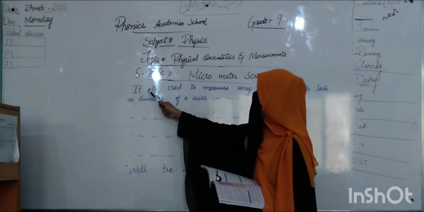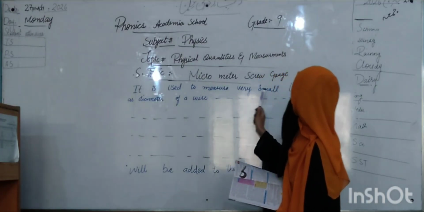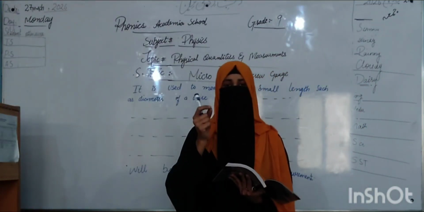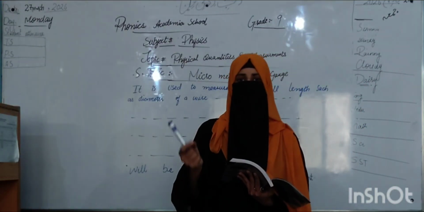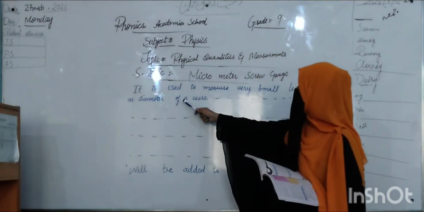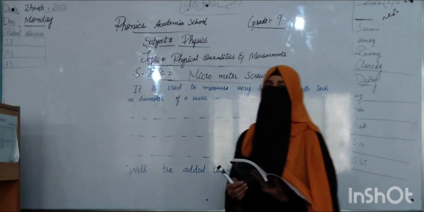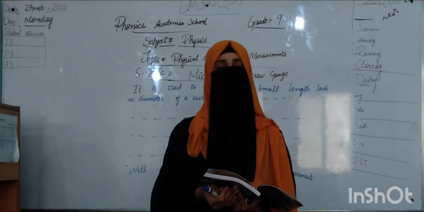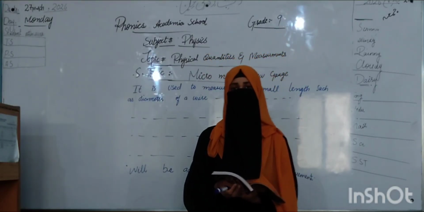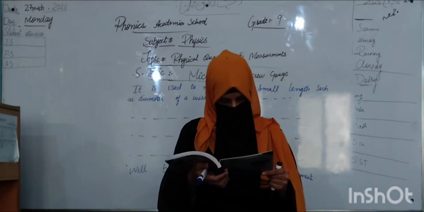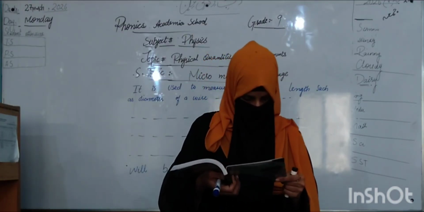The micrometer screw gauge is used to measure very small lengths. Very small length means a length that is not measured in meters or centimeters, but something like the diameter of a wire. So students, when you measure such a very small length or diameter, you use a screw gauge, for a wire or for the thickness of metal sheets.